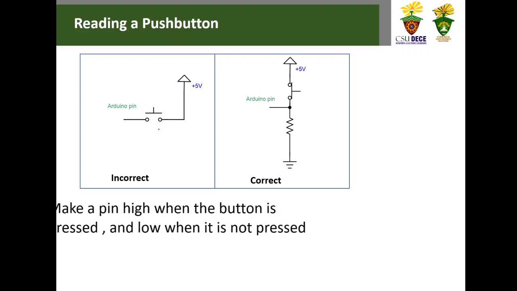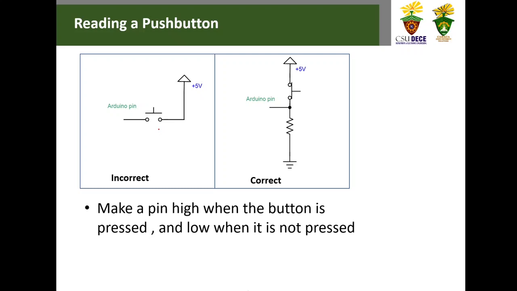So i-discuss nato ni siya. So our goal is to make a pin high when the button is pressed and low when it is not pressed. So for instance, how did we say that this configuration is incorrect? For example, we have this Arduino pin and we have here the push button.